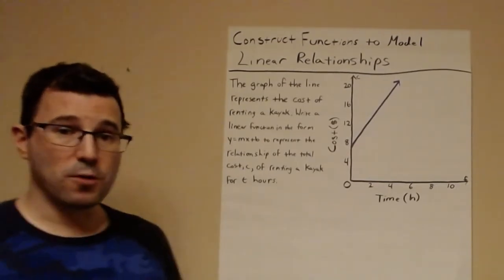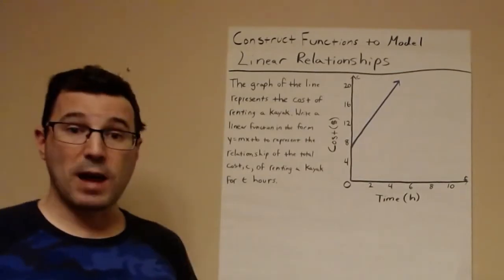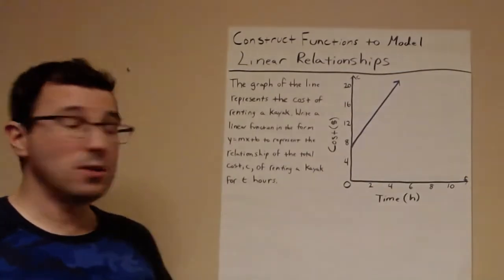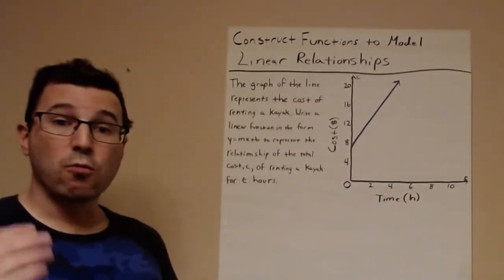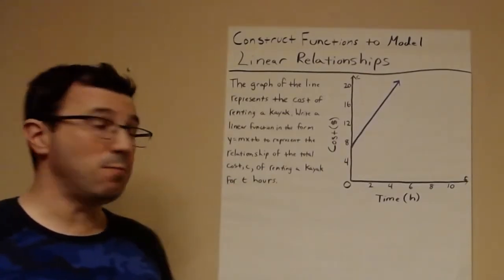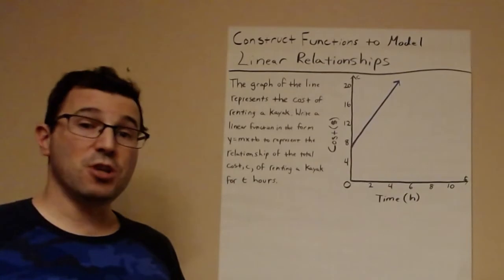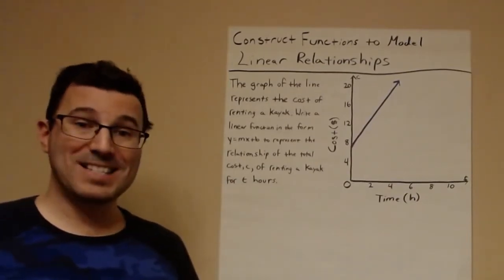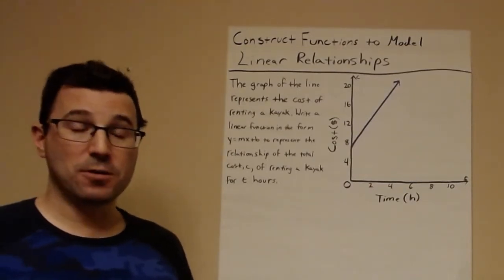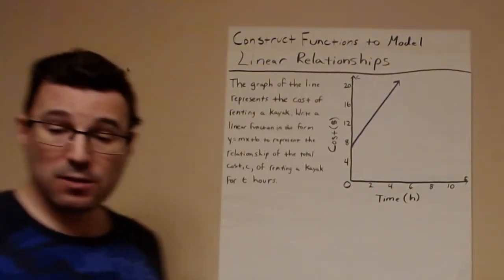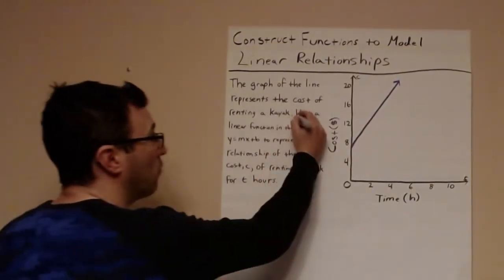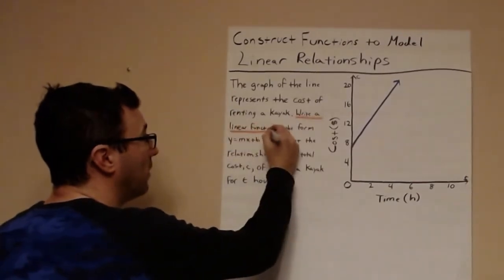So what we're going to do first is look at this graph, and it says the graph of the line represents the cost of renting a kayak. Write a linear function in the form y equals mx plus b to represent the relationship of the total cost c of renting a kayak for t hours. Okay, so immediately I go, aha, write a linear function.